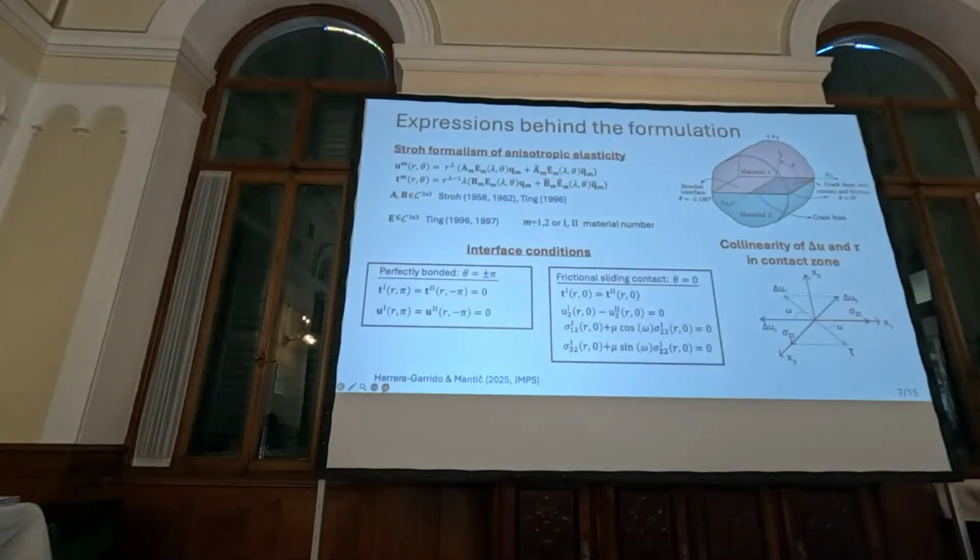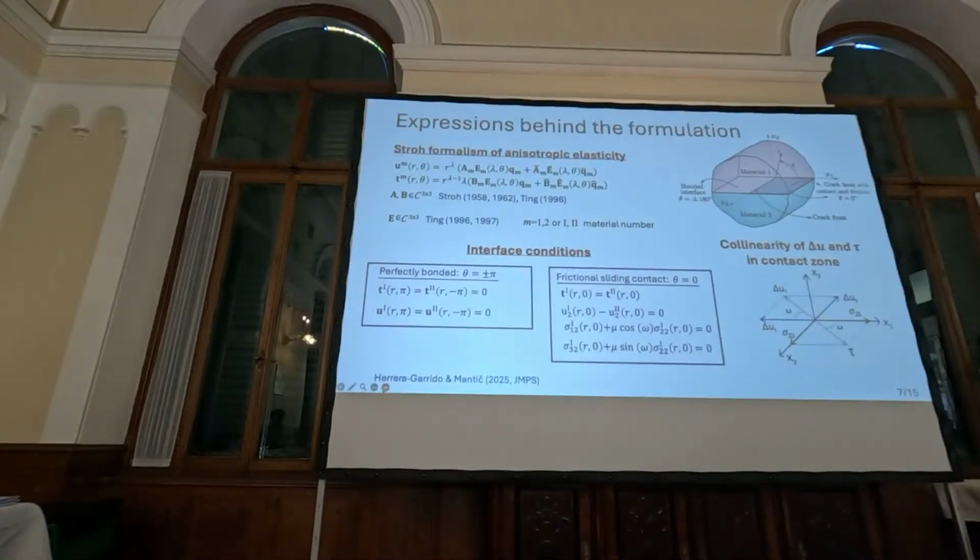From Stroh formalism of anisotropic elasticity, we obtain this general expression for power law solutions in each material, m equal 1 or material m equal 2, for displacement and for tractions. The lambda is the singularity exponent. Matrices A and B are complex 3x3 matrices given by the elastic properties of the material.